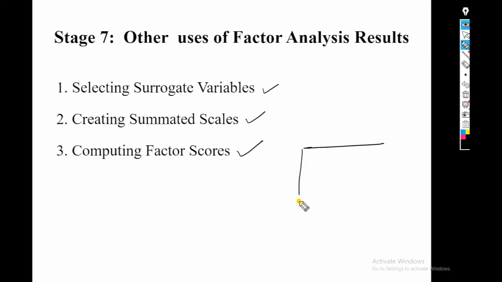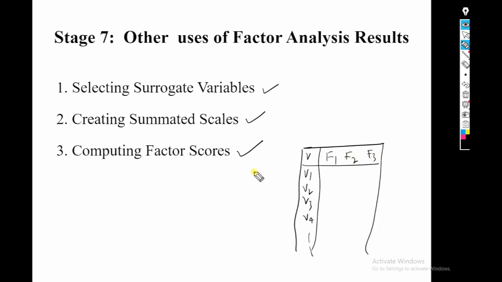Here we can take the variables in the first column v1, v2, v3, v4 and so on, and these are the factors f1, f2, f3. Now selecting a surrogate variable. Surrogate variable means the maximum variable. For example, this factor has 0.98, 0.93, 0.87.